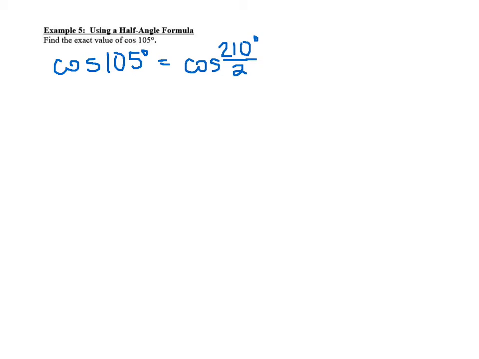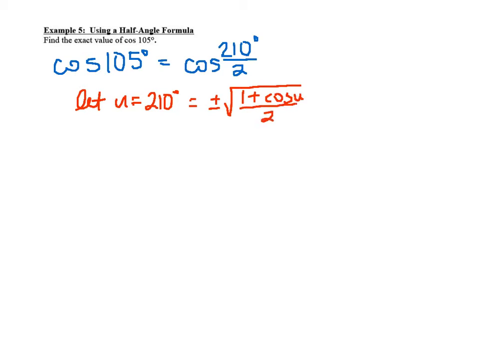If we let u equal 210 degrees, then we can use the formula plus or minus the square root of 1 plus cosine of u all over 2.